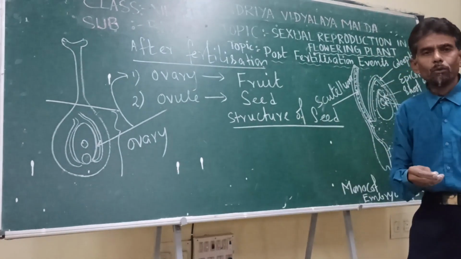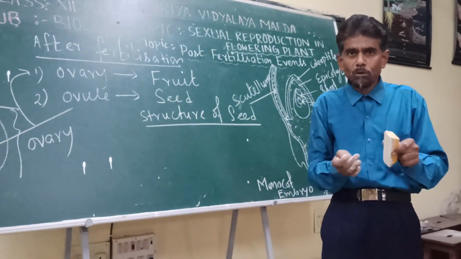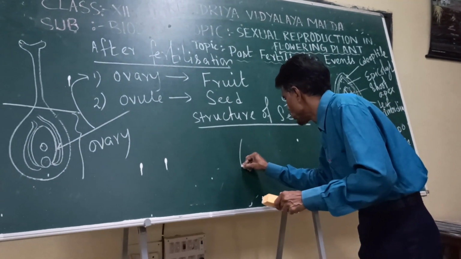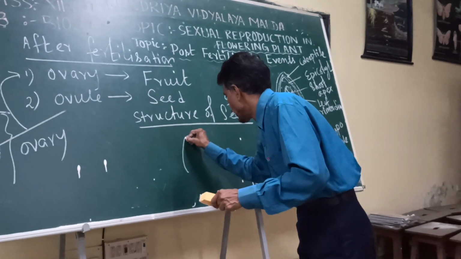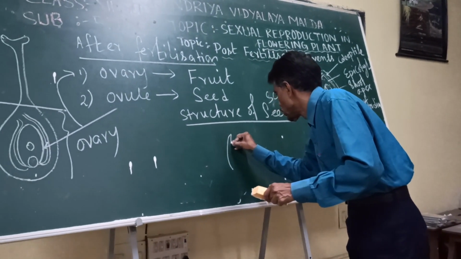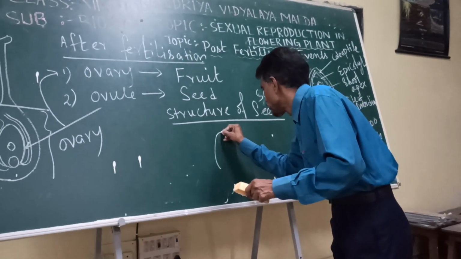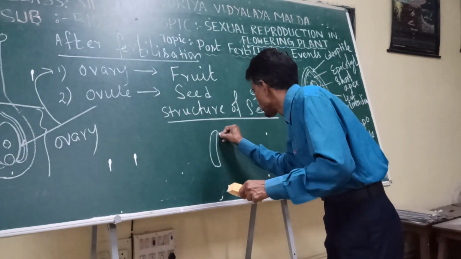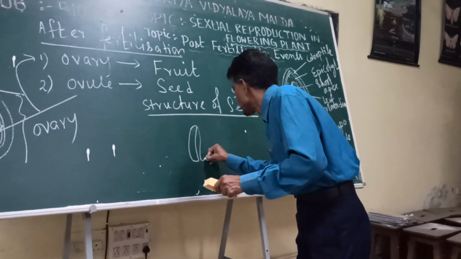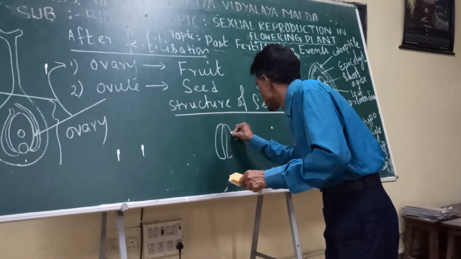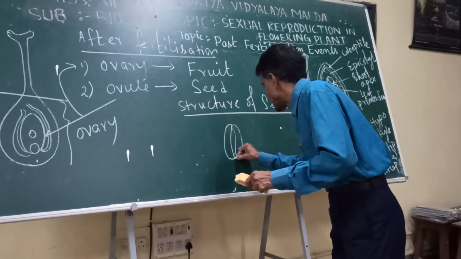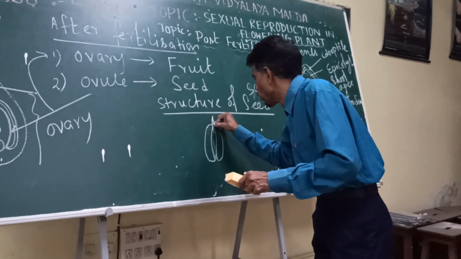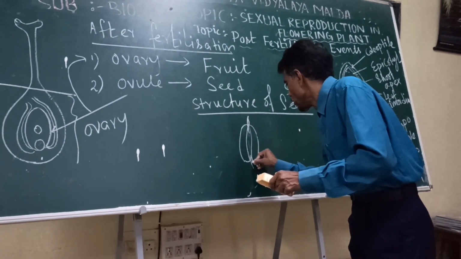Very simple way, if you take out a mango seed, as it is dicotyledon, it is having two cotyledons like this, having an embryonal axis. This is the embryonal axis. This will give rise to a plumule and radicle.